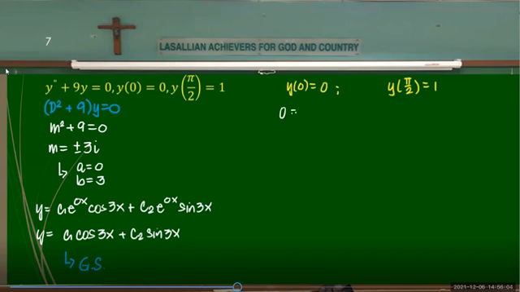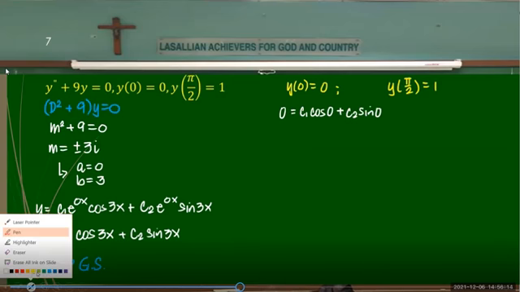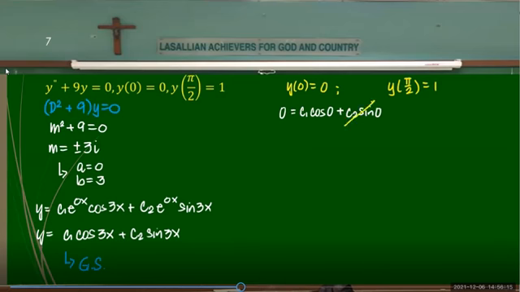So 0 equals c1 cosine 0 plus c2 sine of 0. So we don't have a problem with the right side because this right side gives us 0. Therefore, I can say that c1 is simply equal to 0. We don't have a problem with that.